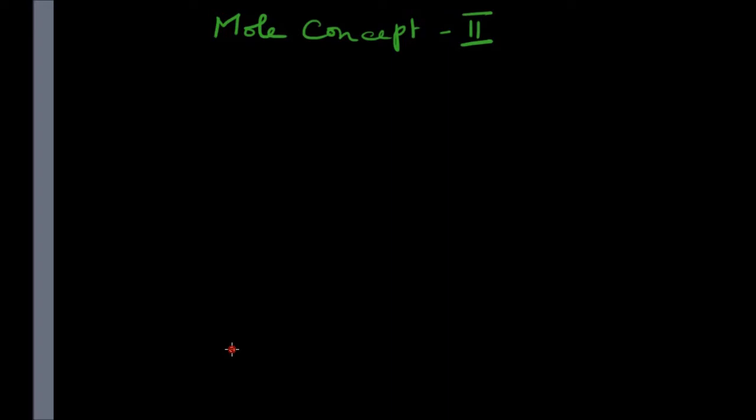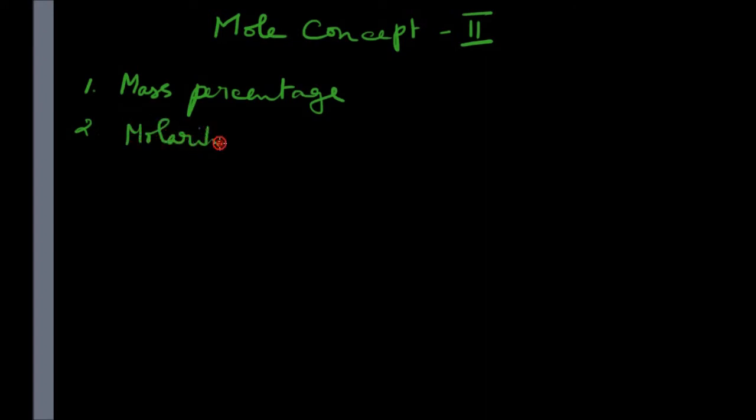Now the concentration of a solution can be expressed in a few different ways. I'll list them now for you. First one is called mass percentage. Second one is called molarity of a solution. Third, molality of a solution.